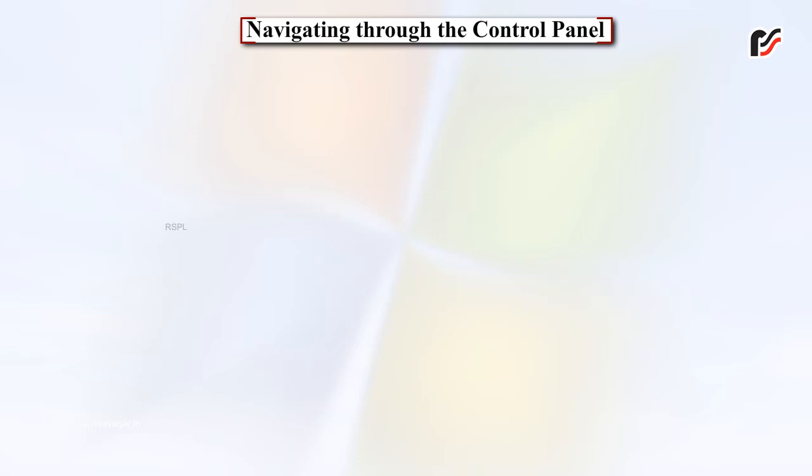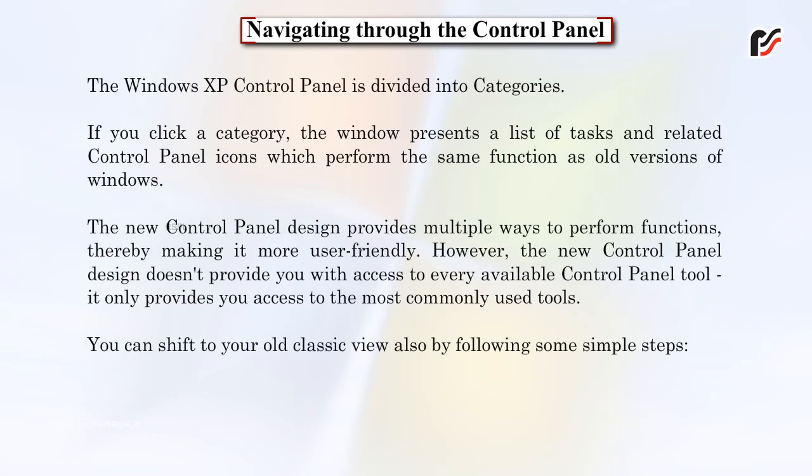Navigating through the Control Panel. The Windows XP Control Panel is divided into categories. If you click a category, the window presents a list of tasks and related control panel icons which perform the same function as old versions of Windows. The new control panel design provides multiple ways to perform functions, thereby making it more user-friendly.